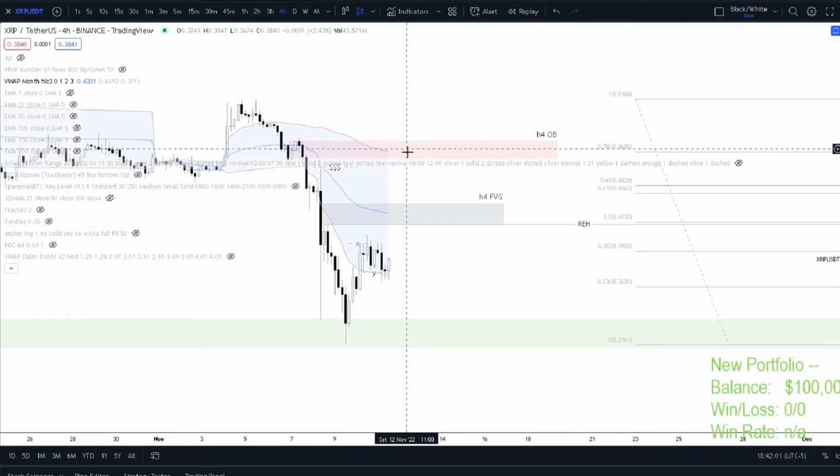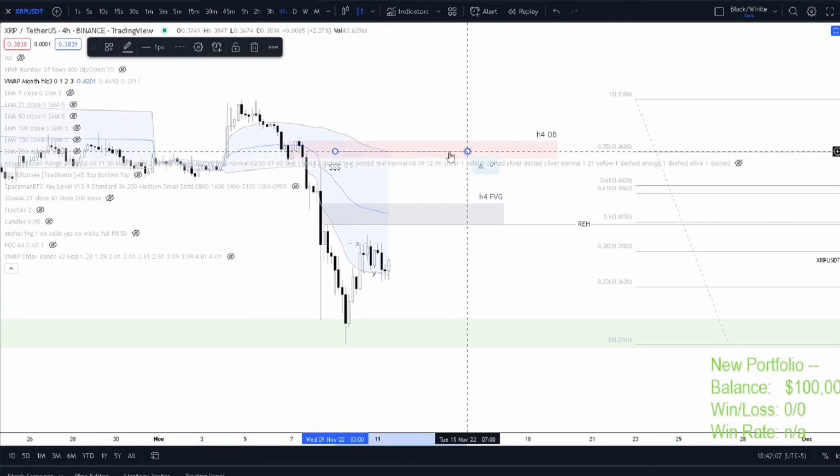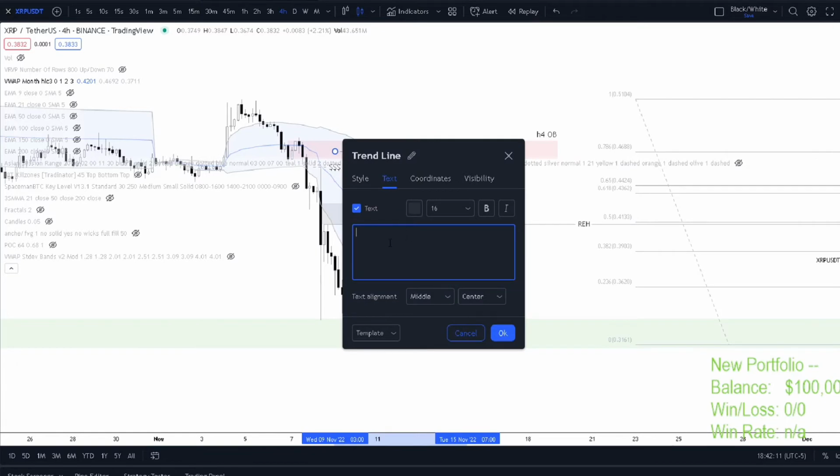You can see that the standard deviation band is up here. So I'm gonna draw a line here, where the standard deviation is, and call that monthly VWAP upward deviation.